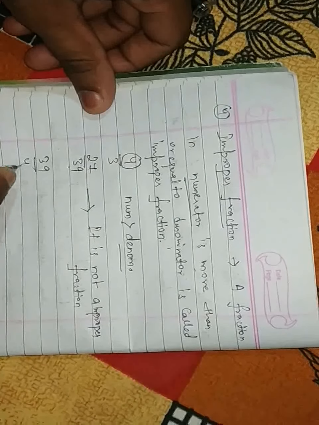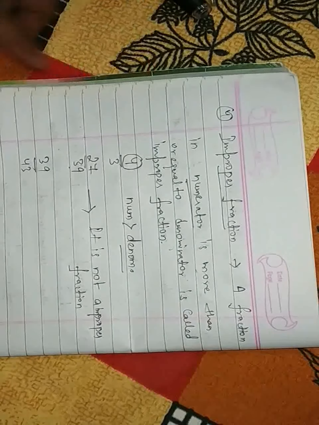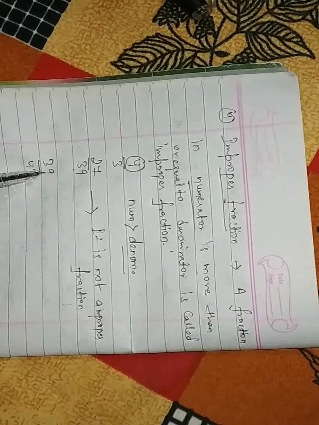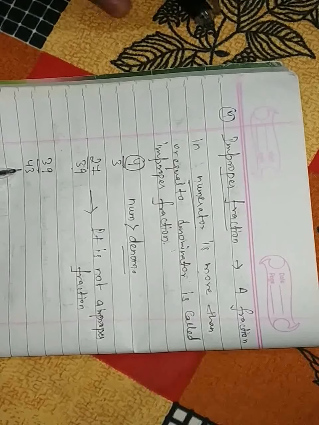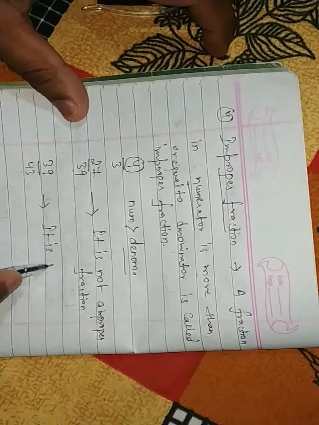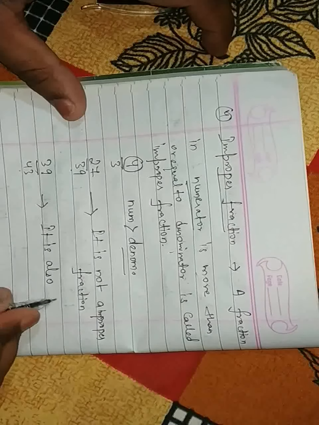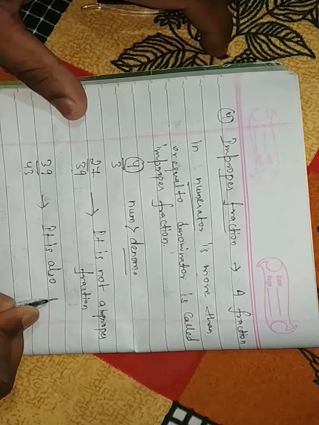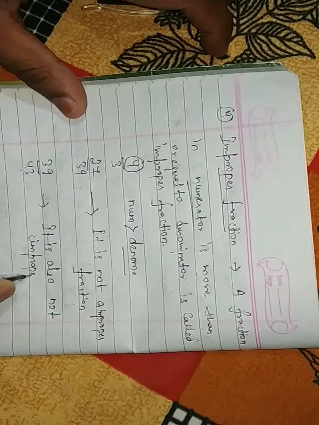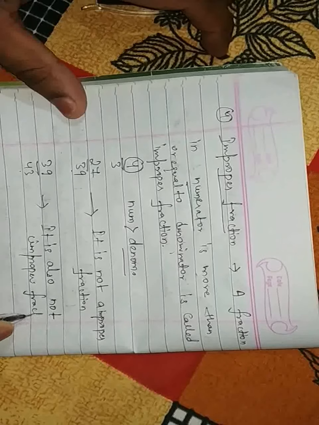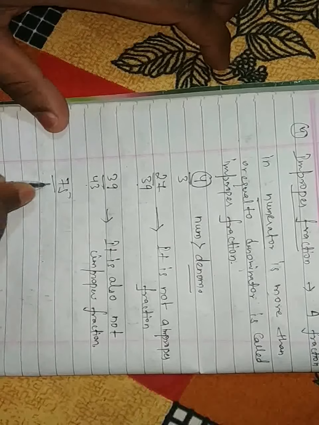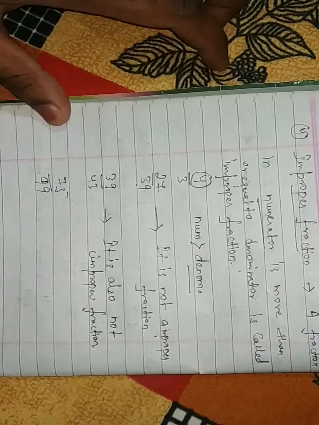39 by 43. It is also not an example of improper fraction as numerator is less than denominator. 75 by 99.